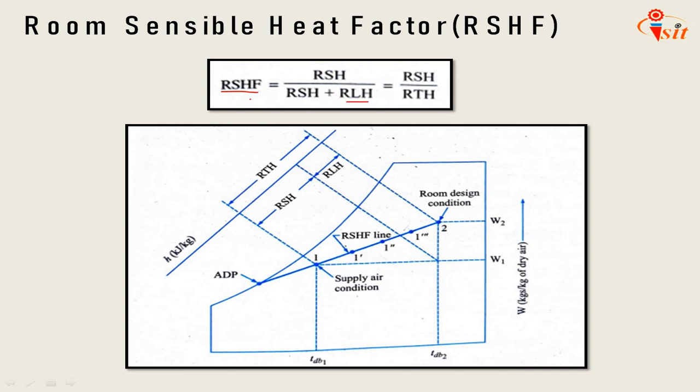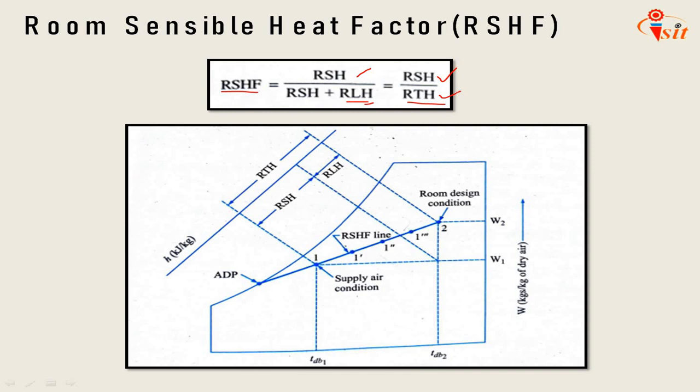Here RSHF is room sensible heat factor, RSH is room sensible heat, and RLH is room latent heat. The sum of room sensible heat and room latent heat is nothing but room total heat. So the ratio will be RSH divided by RTH.